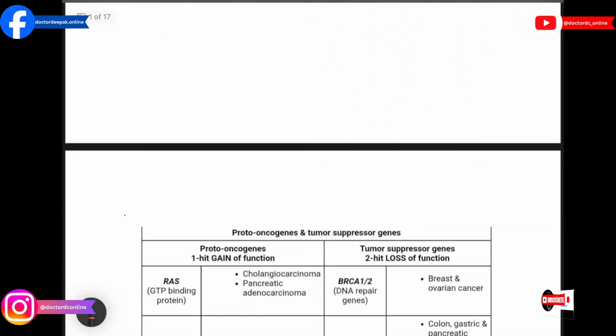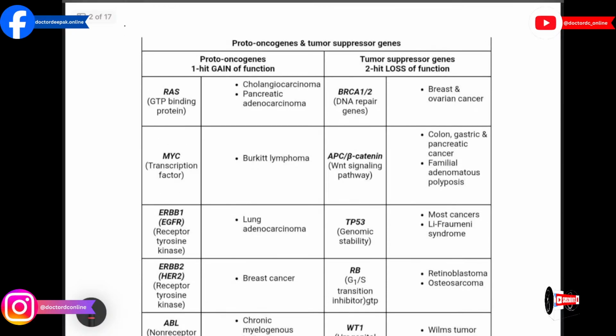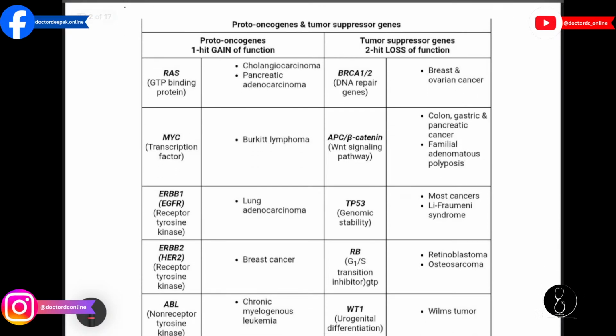And if you go to one table, I have in this table the proto-oncogenes and tumor suppressor genes. Then what are proto-oncogenes and tumor suppressor genes?